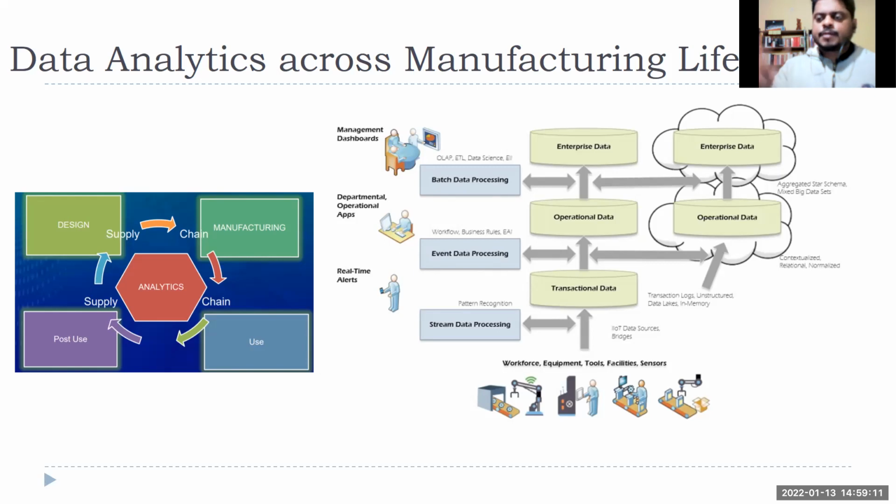So what happens, just think about a Maruti assembly line. Across the plant, there will be 50 or 60 assembly lines running, so there will be 50 or 60 shift leads at any point of time. If a particular assembly line has an issue, in a big manufacturing plant it is not possible to be standing near the assembly line every time.